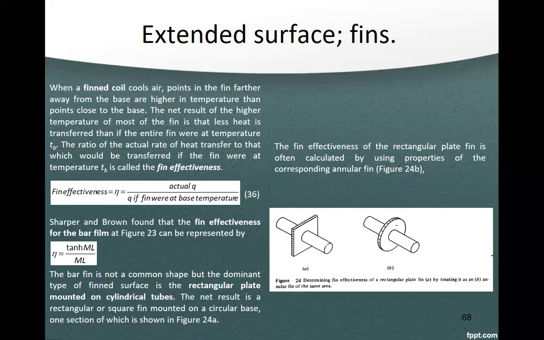The net result is a rectangular or a square pin mounted on a circular base, one section of which is shown in figure 24A. So ayan yung figure 24, merong rectangular plate and B annular pin of the same area.